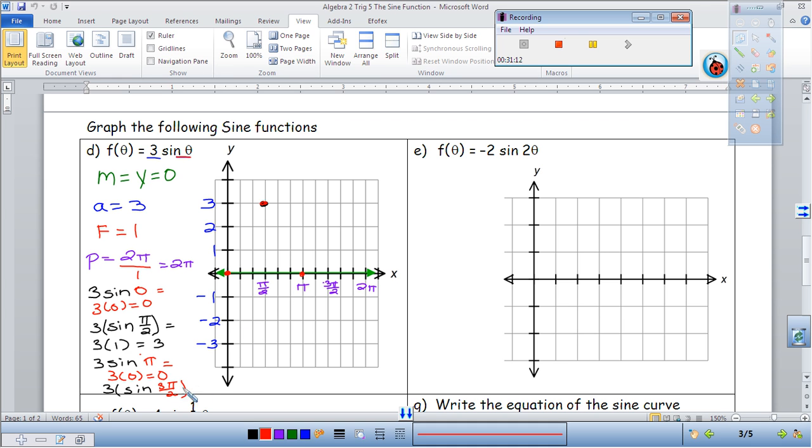So here it's going to be 3 times negative 1, which gives me negative 3. It's going to go down here. Any questions on that? Okay, then we're going to go back up to 0. At 2 pi, it's 0. Okay, so my sine curve looks like this. Make your sine curve look prettier than mine. Any questions over that? We're all good?